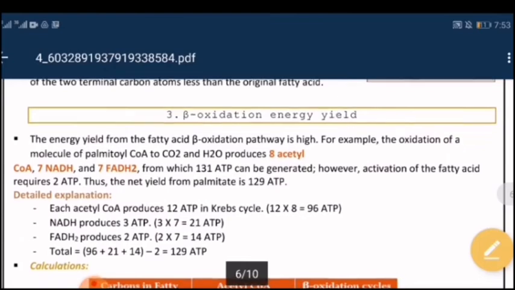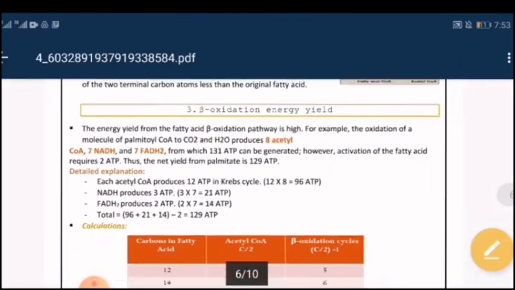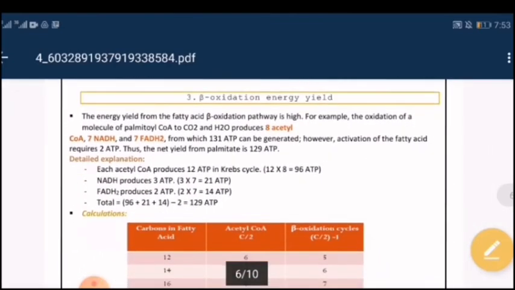So we need to calculate the energy yield from beta oxidation. The oxidation of a single molecule of palmitoyl-CoA to oxygen, carbon dioxide and water produces 8 acetyl-CoA, 7 NADH and 7 FADH2, which gives a total of 131 ATP to be generated.